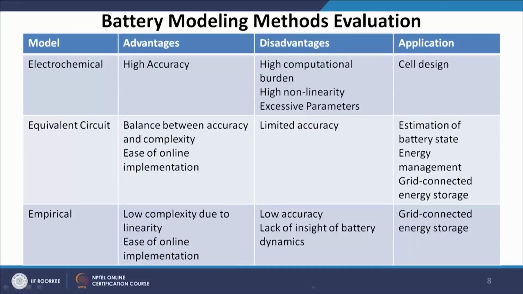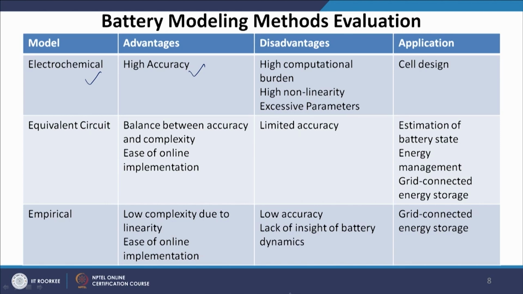Now, when you talk about battery modeling methods evaluation, if you focus on electrochemical models, the advantage is high accuracy. The challenge here is high computational burden, high nonlinearity and excessive parameters, which is a demerit, and the application will be cell design.